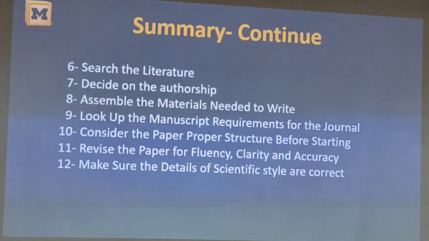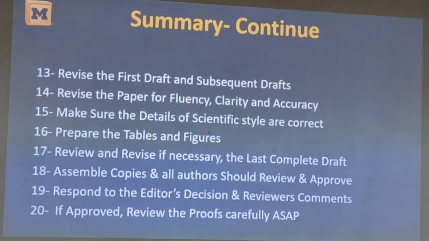Nothing against them, but that's the way it is. Revise the first draft and subsequent drafts. Usually I do the first draft, I run it by all the authors, and then we revise it as well. Sometimes it might be six revisions before it sees the light and goes to the journal.